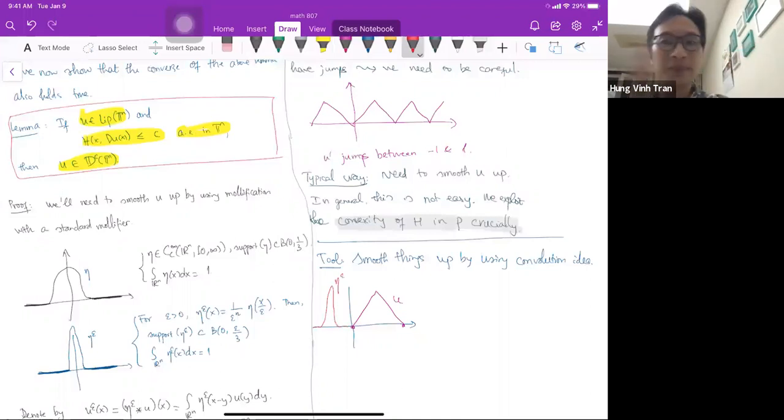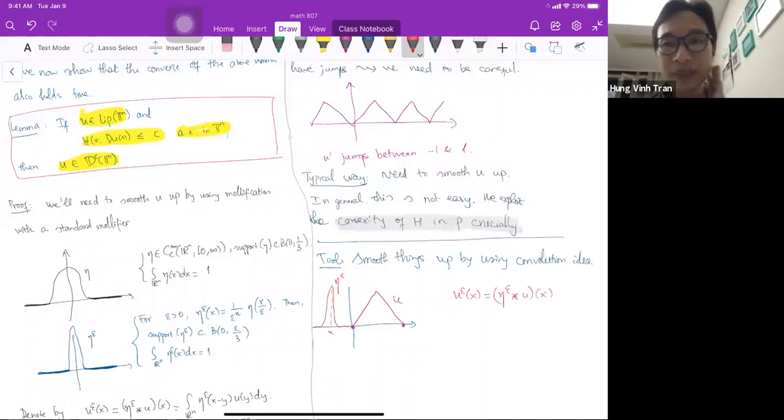And we sort of shift it around, right? For example, if I'm centered around the point x here, then if I take the integral of this kernel with respect to u, then I have the approximated value. So u epsilon of x is essentially eta epsilon convolved with u at x.